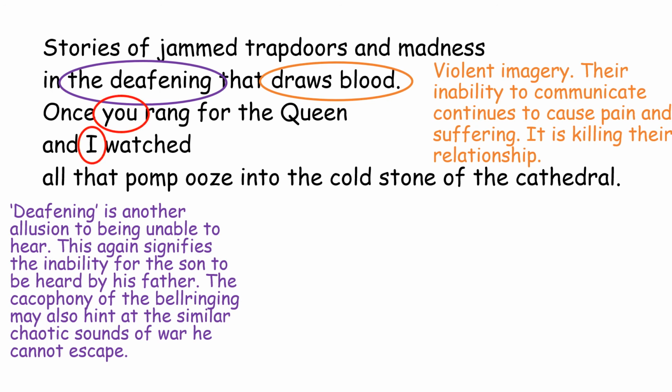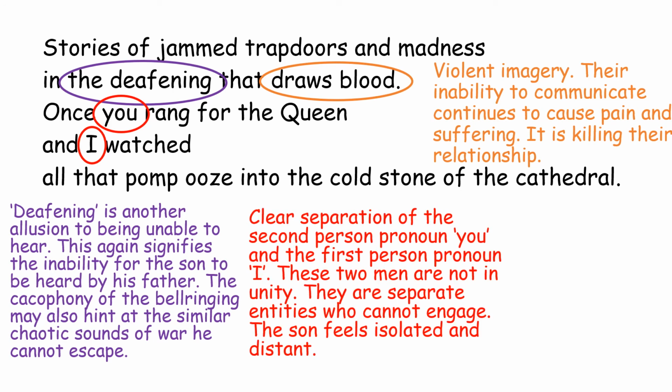As we move on to the final 3 lines of the stanza, you'll notice that we have again a separation of the second person pronoun you and the first person pronoun I. Once again, we see that these two men are not in unity. They seem to be completely separate entities, and they simply cannot engage with each other.